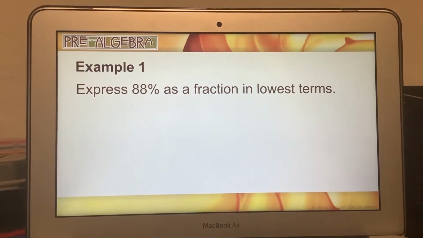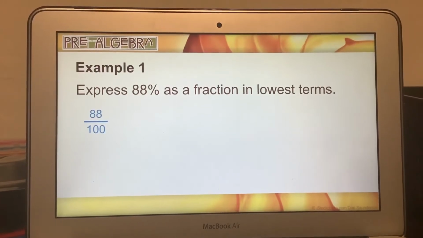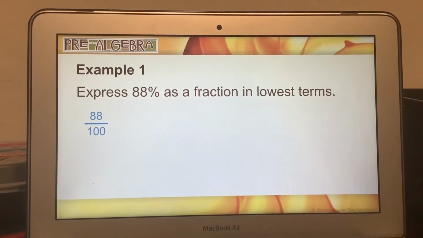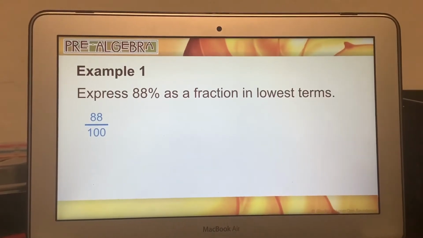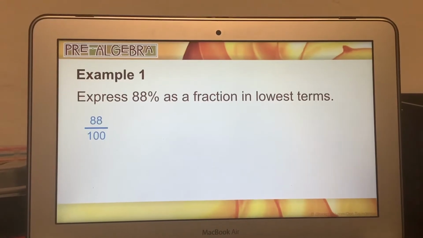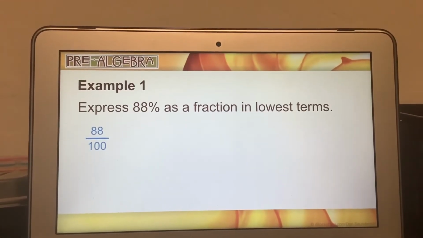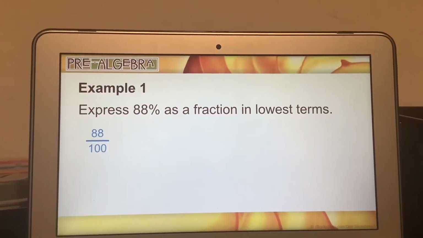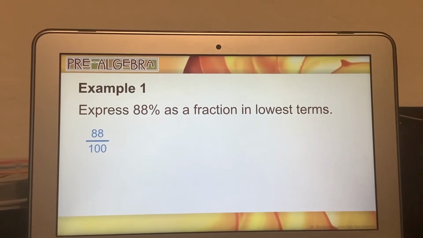So we're going to take 88%, put it over 100, and take out the percent sign. Now we have to reduce 88 over 100 to the lowest terms. What can we divide 88 and 100 by to make it a smaller fraction?